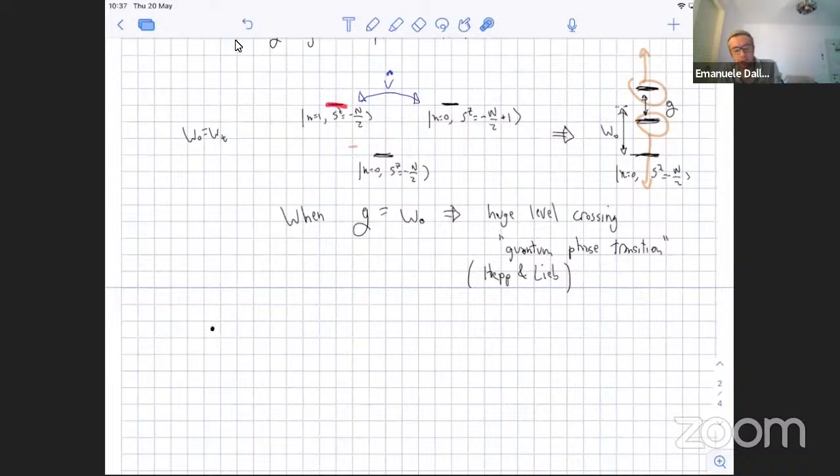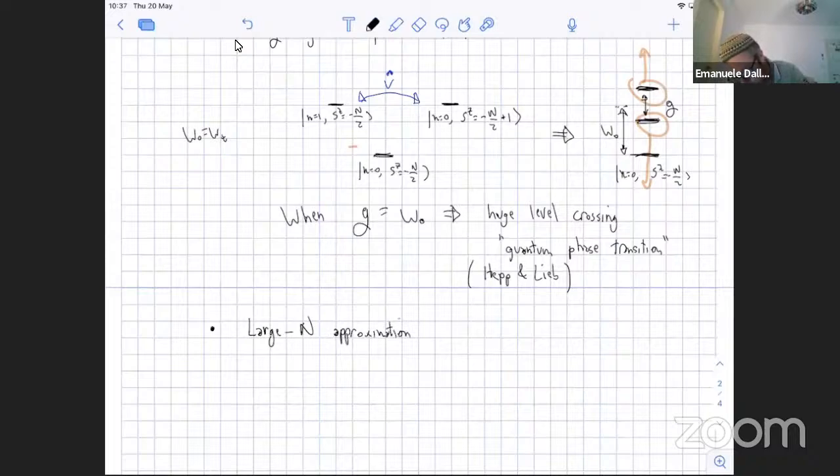So you either have 0, 1, or 2 excitations, and this problem is very simple. When you have counter-rotating terms, it becomes more complicated, and you cannot solve it exactly as I've shown you here. However, you can still use the large N approximation that I'm going to present here.